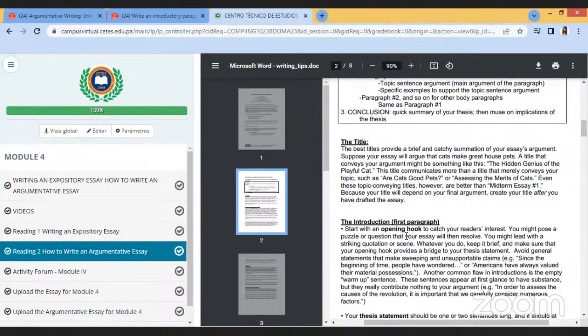Avoid a general statement that makes sweeping and unsupportable claims. Another common flaw in introductions is the empty warm-up sentence. These sentences appear at first glance to have substance, but they really contribute nothing to your argument.